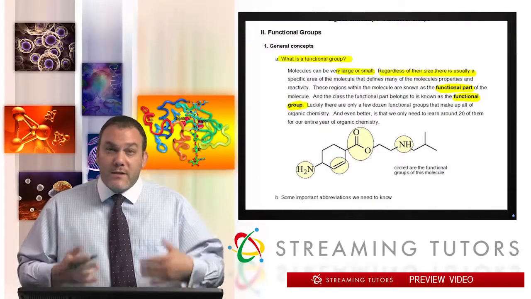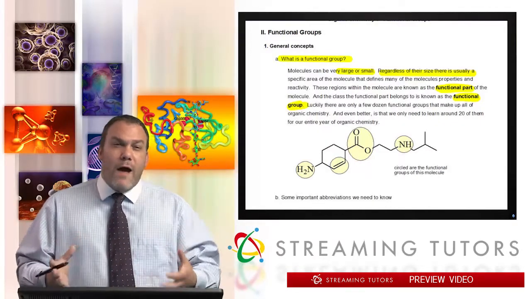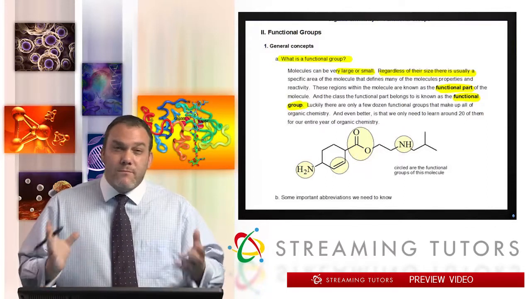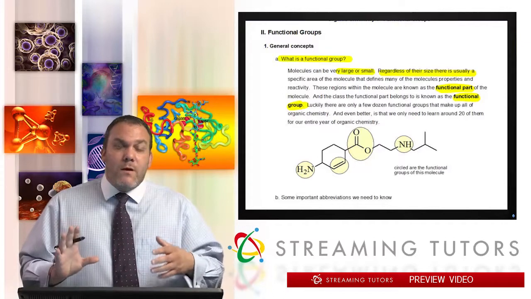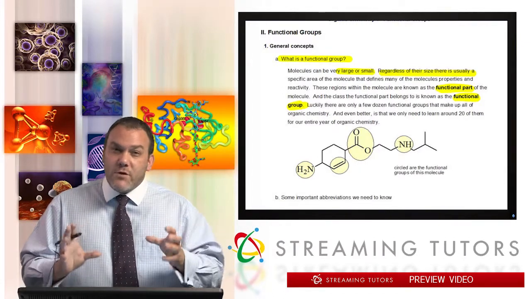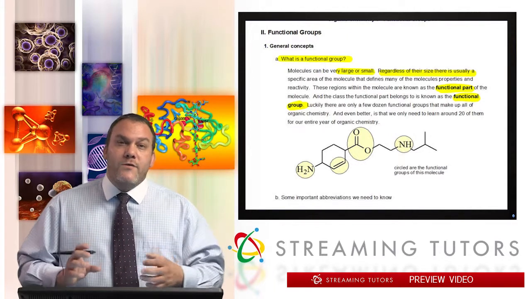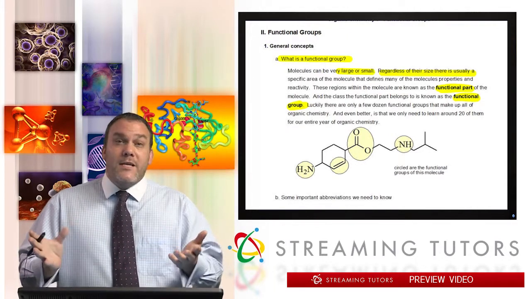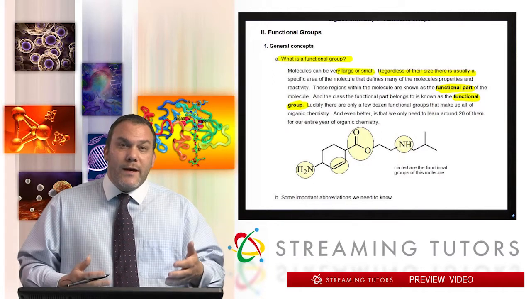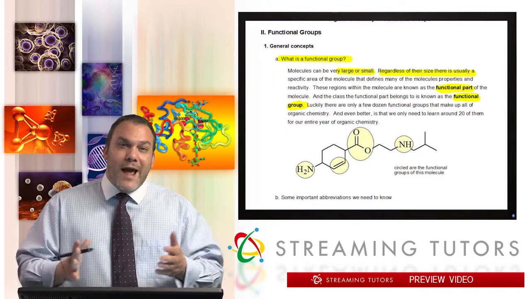Luckily, there are a lot of functional groups. You can have several dozen, but we don't have to know every one. We just have to learn 20, maybe 15, somewhere around there. What we'll see is that functional groups are a way to organize reactions. For example, if you're learning about alcohols, no matter what the alcohol is, they have very similar reactivity.